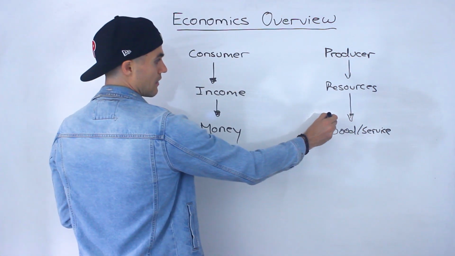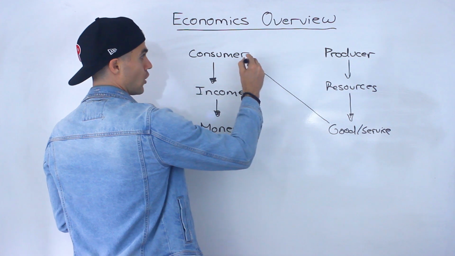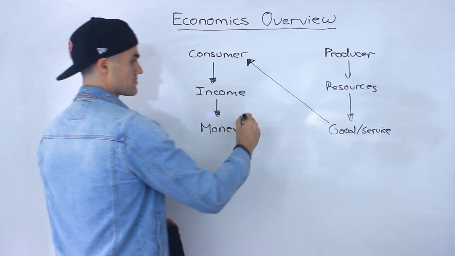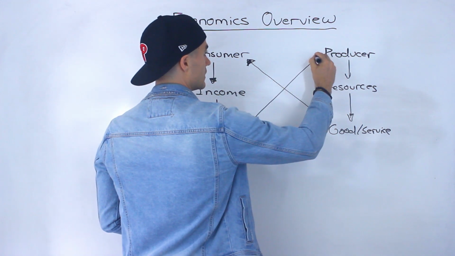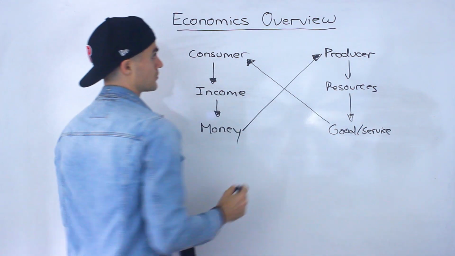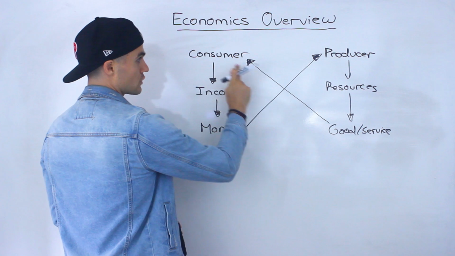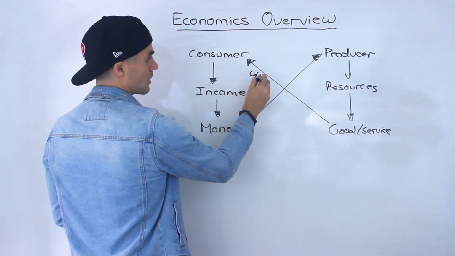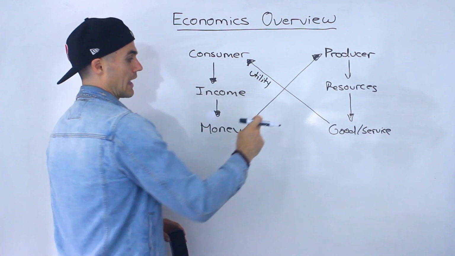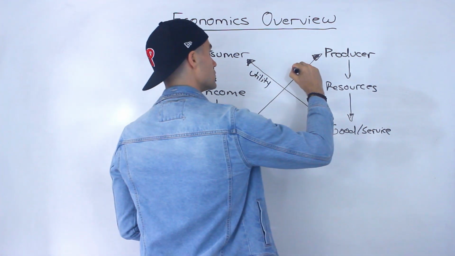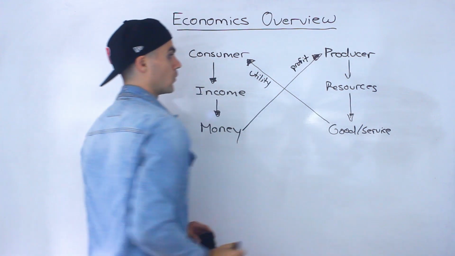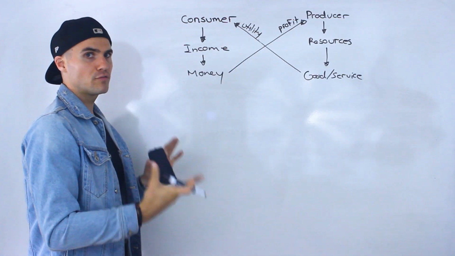And then that good or service is going to flow to the consumer. This money here is going to flow to the producer. The good or service is going to provide the consumer with utility. I'll write it over here on the arrows. And then money is going to provide the producer with profit.